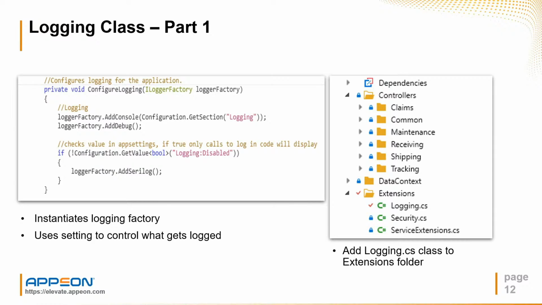It uses a setting to control what gets logged, and we'll look at the code as well, in addition to the slide image here. But this is really what kicks everything off, and it's at the very top of your logging class, at least how we have it defined.